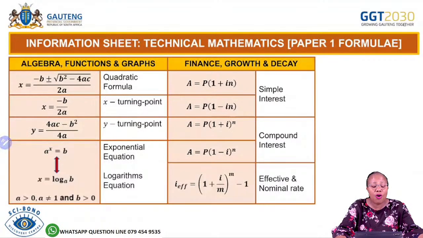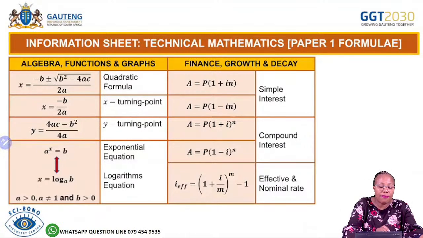Then you have your information sheet at the back of your question paper with all the formulae that you need, for both paper 1 and paper 2, but specifically today we'll look at the ones that you will apply only on paper 1.